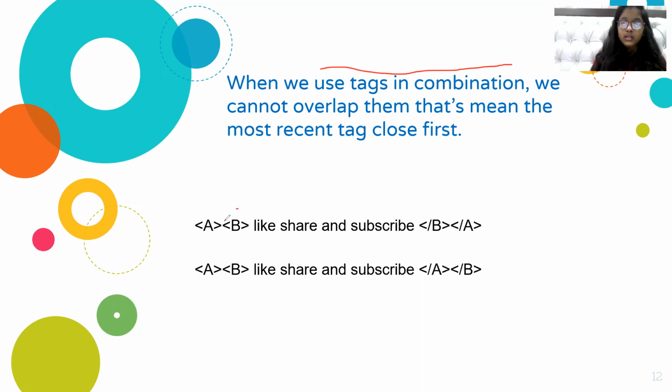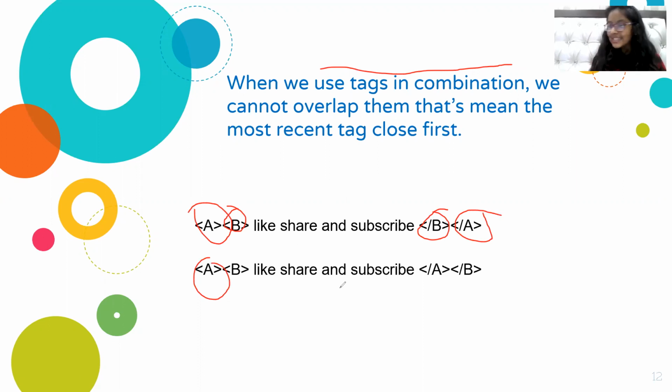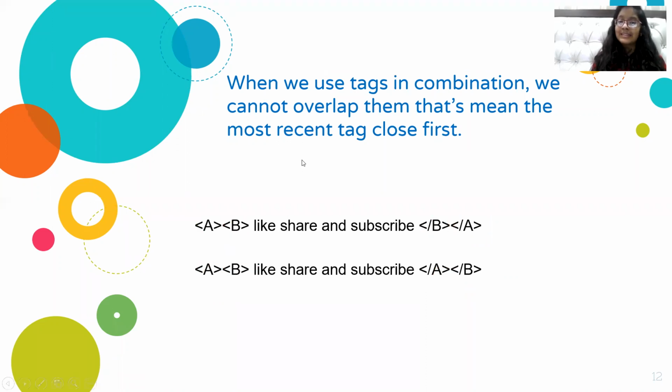See here, the most recent tag is B and then they are closing A. Here, A is closing first, but the most recent tag is B. That's why this statement is wrong. The second one is wrong and the first is correct.